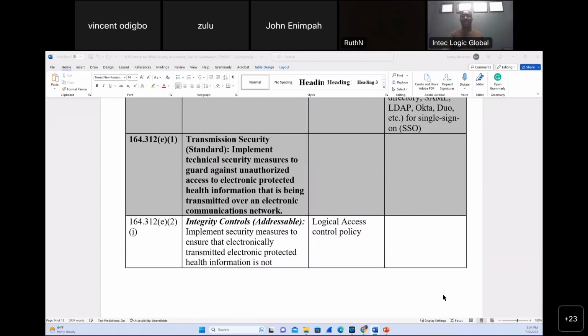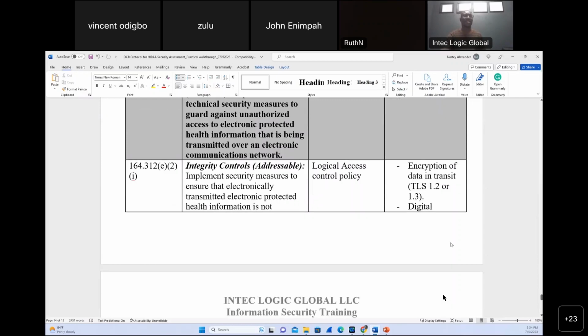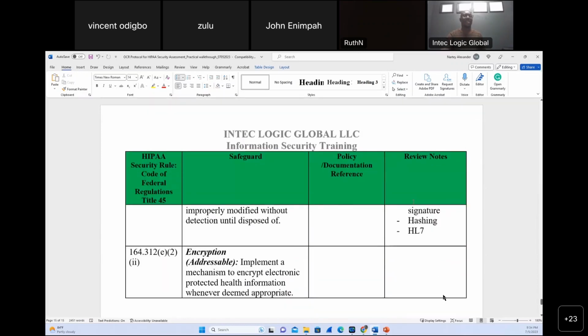The same thing that we talked about earlier on, right? Encryption, and I think I introduced another term here. So the encryption of data in transit and at rest. We'll learn about TLS 1.2 and 1.3, maybe the next two classes. Digital certificates or signature hashing.